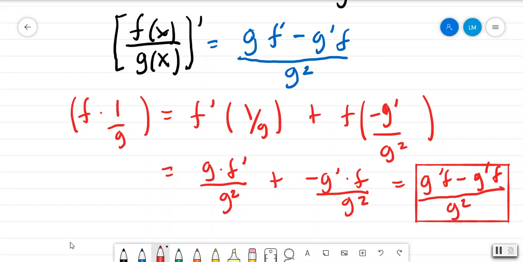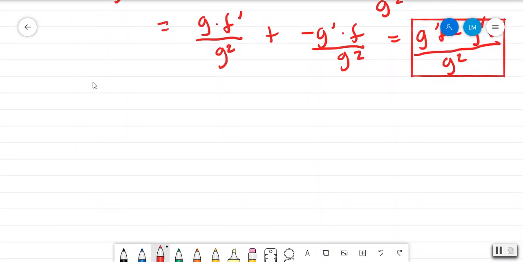Okay, now the thing that you need to do though is to really practice this.